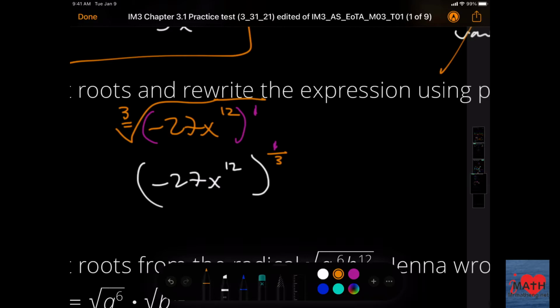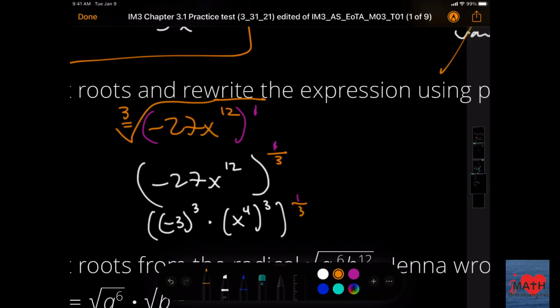Okay, now what you can do here, let's change, we have that 1/3, so we already did something like this, negative 3 to the third power times x to the fourth power times 3. And then you still have that 1/3 that we need to distribute, okay?